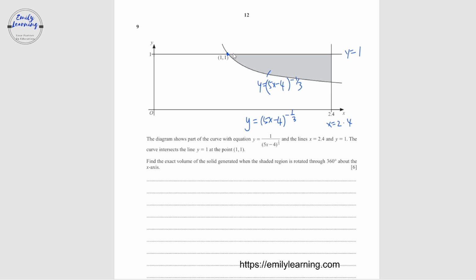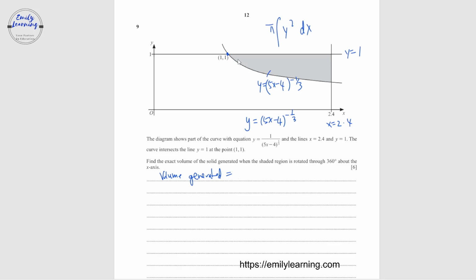If you look at the shaded region, it is basically bounded by the line y equals 1 and this curve here. So if you want to find the volume generated when it's rotated about the x-axis, it must take the form of pi integrate y squared dx, right?